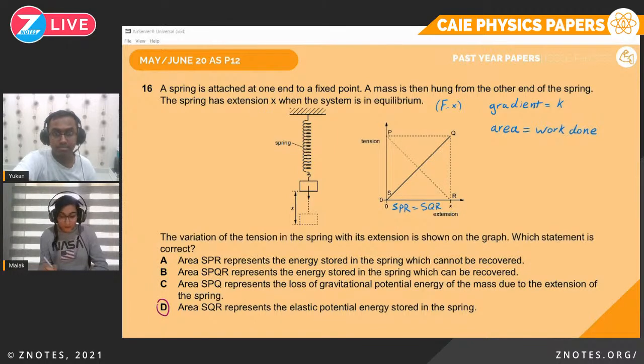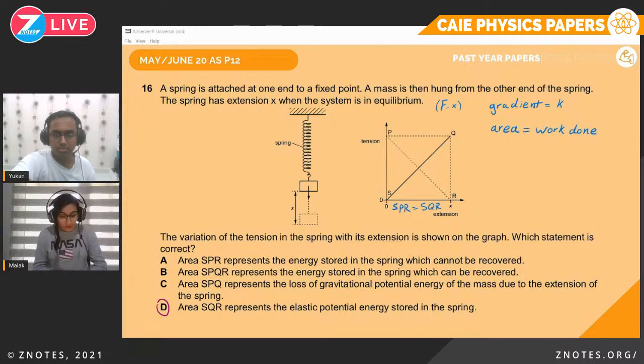Since this is a square, this area here, A, would be equal to this area here, B. This is not normal for all graphs, only in this situation because it's a square. That is the only reason. So in this case, the area SQR is equal to area SPR.